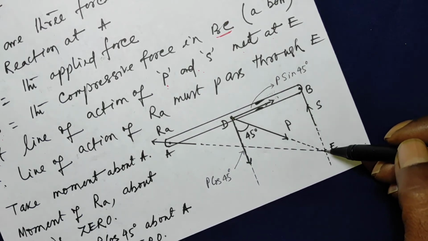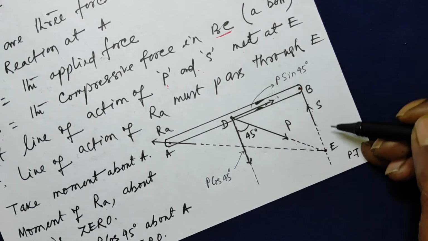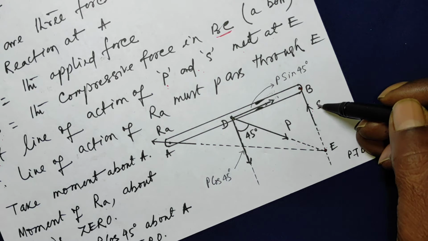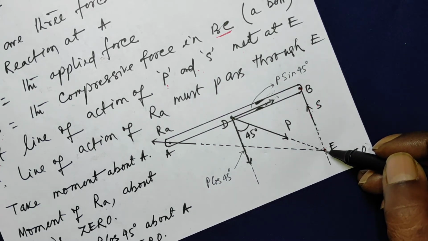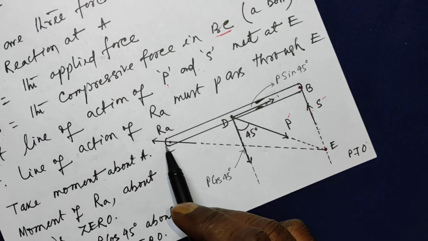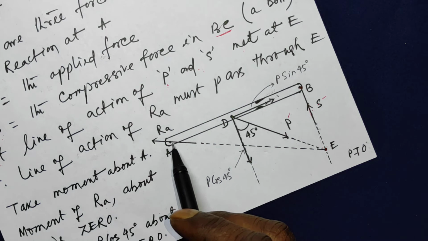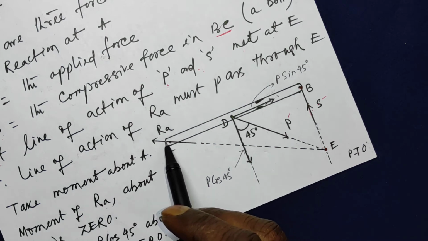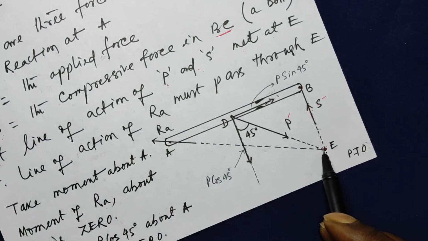This is the compressive force, and it will be towards point B if you consider point B, and if you consider point E, the same S will be towards E. So P and S are meeting at point E. The conclusion is, for equilibrium, since the beam AB is in equilibrium, the line of action of the reaction force RA must also pass through the same point E. That is what I have shown here.